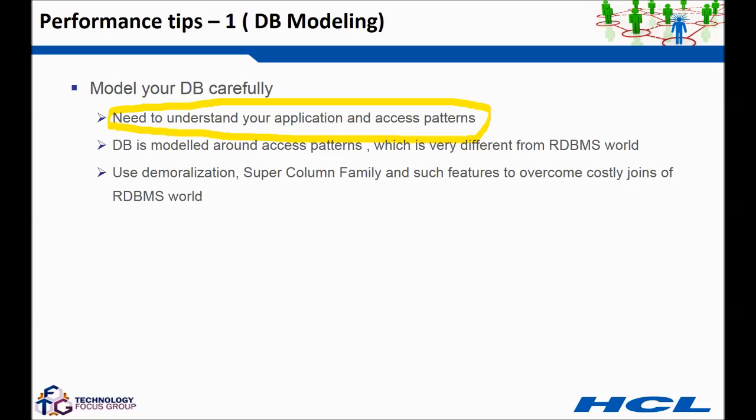So I need to understand the application flow and access patterns very carefully. A NoSQL database is generally modeled around these access patterns, which is very different from the RDBMS world. In the RDBMS world, we generally define entities which represent the actual world, and then we define relationships between them, and then we try to fulfill the reporting and that kind of requirements using joins.